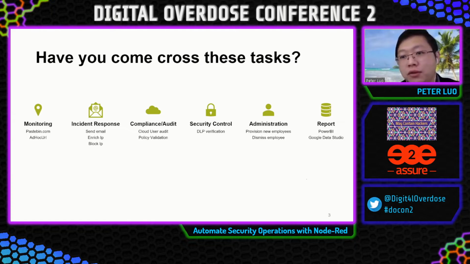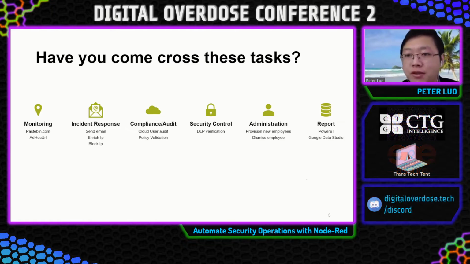I've been doing this kind of incident response. Every time I have an incident response, I always want to enrich the information, right? Like enrich the IPs, enrich the threat intelligence. There's lots of tedious work, right? If there's a phishing email I'm analyzing, I always want to parse those emails.